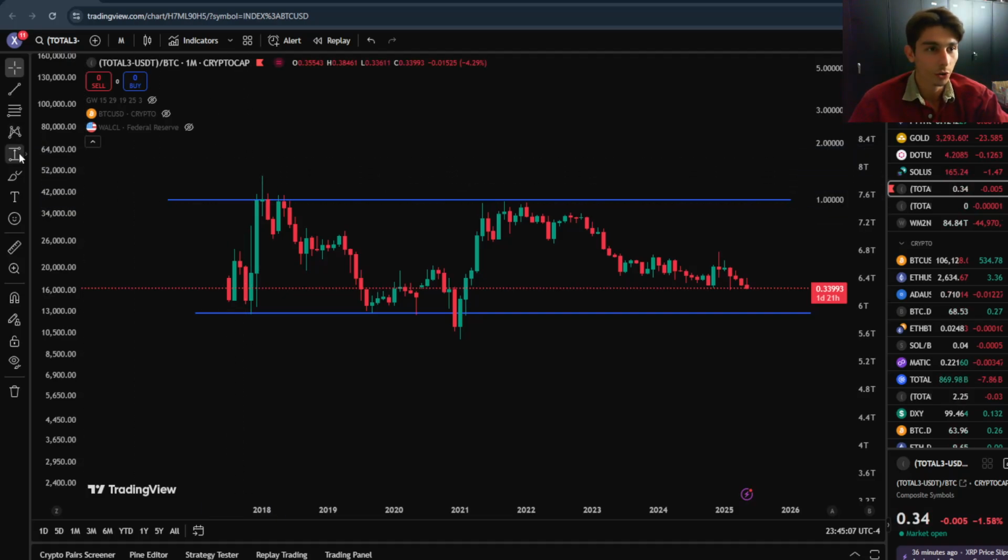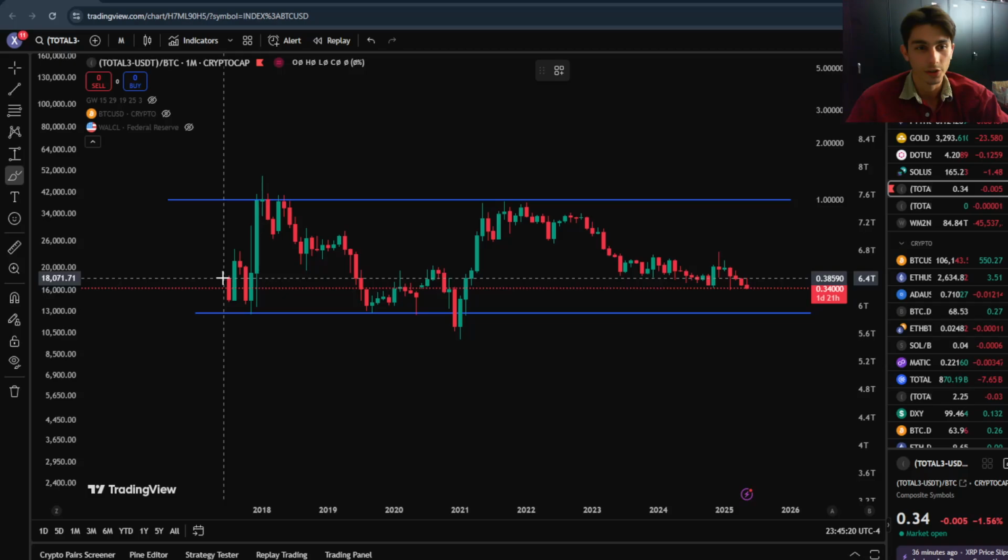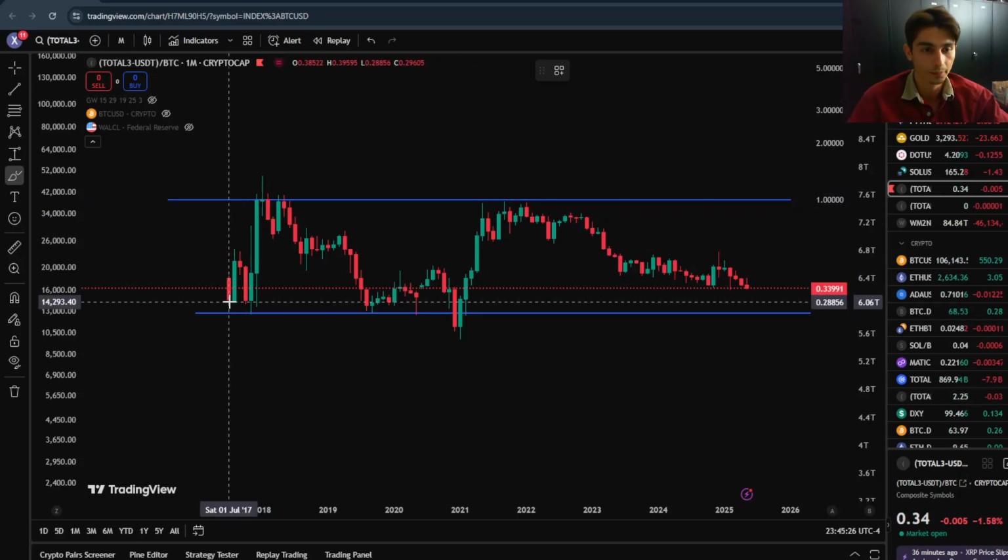And this essentially shows the performance of altcoins. Total 3 is not including Bitcoin or Ethereum. So if you subtract USDT, you're essentially going from a 0 to 1 range. And then dividing that by Bitcoin's market cap, that'll essentially give you this chart.